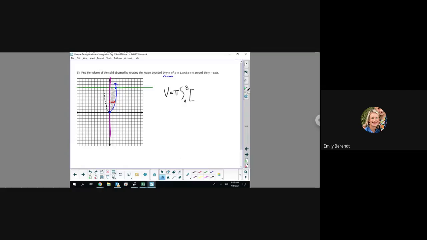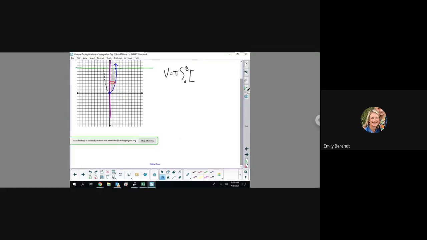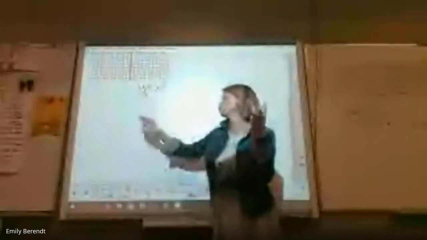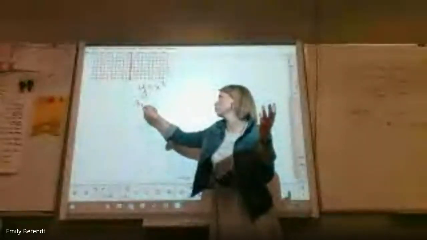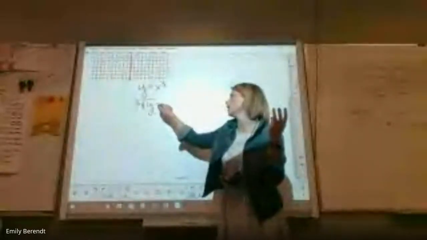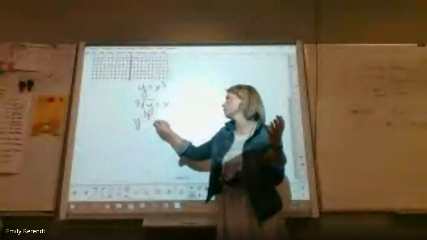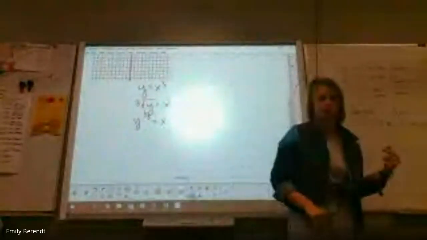And then our function is y equals x cubed, but because we are putting it in terms of y, we have to solve for x, so that we get y. We're going to have to get rid of a power of 3, cube root it, so you can have the cube root of y equals x, or you can write it as y to the 1/3 equals x.